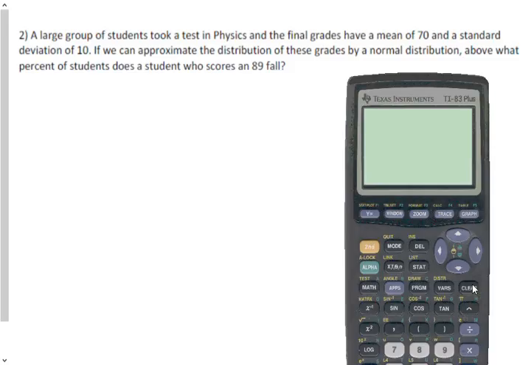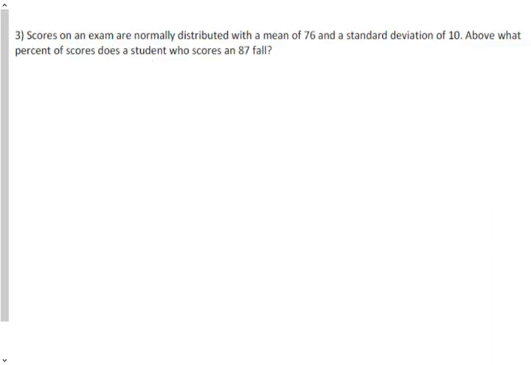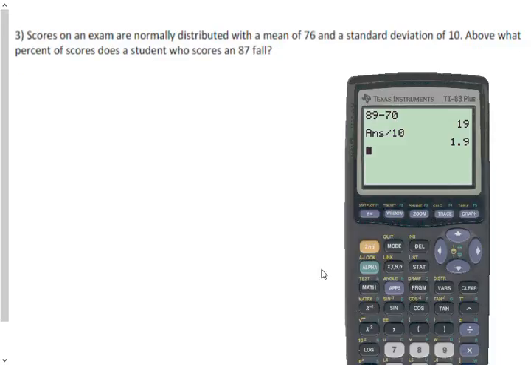This person's individual score was an 89 minus the mean divided by standard deviation. So this person's 1.9, so they were positive, which meant they were above average. Okay. 87 minus the mean divided by standard deviation, 1.1, so they were positive as well.